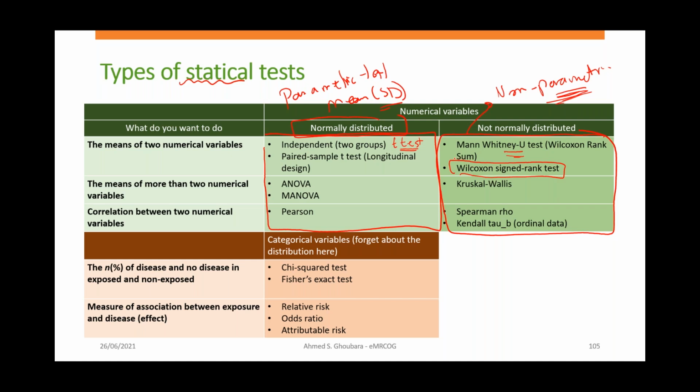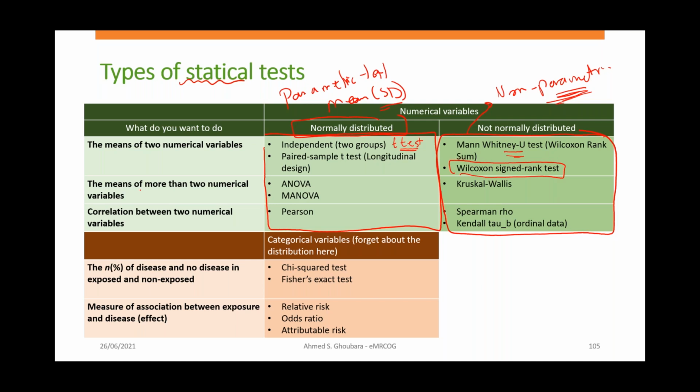So how many groups do we have? We have 3. Each one of those groups has a mean. Can I use the t-test here to compare between the 3? No, ANOVA.